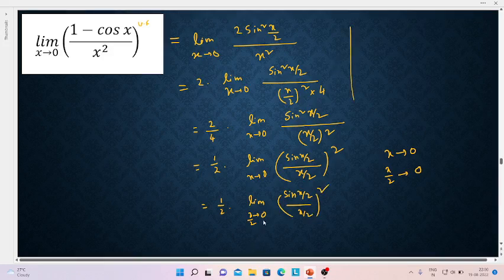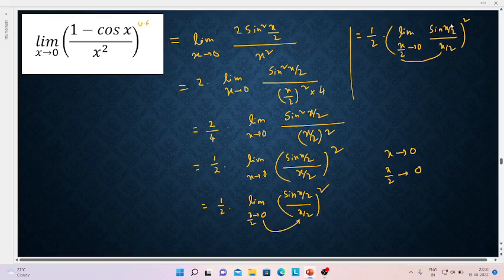So basically we have to put the limit inside the function, right. So that will be half times limit x by 2 tending to 0 of sin x by 2 upon x by 2, that part whole square, right. So now we can see x by 2, x by 2, and that particular x by 2 tends to 0, so that particular thing is equal to 1, right.